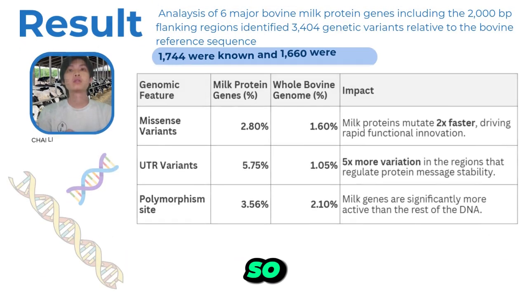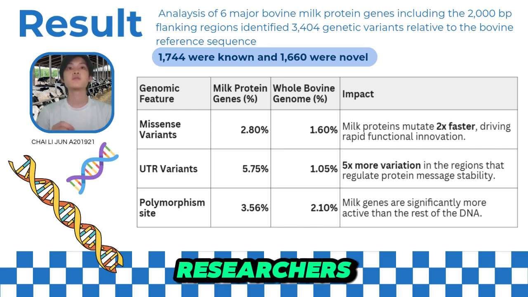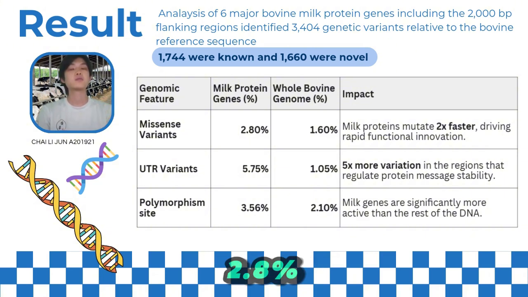So the study analyzed 6 major milk protein genes and their surrounding regions, and they identified a total of 3,404 genetic variants, while half of its novel proteins, which is 1,660 novel proteins. When comparing milk genes to the bovine genome average, the researchers found that the missense variants, which change the protein structure, evolve at a rate of 2.8%, nearly twice as fast as the genome average of 1.6%.